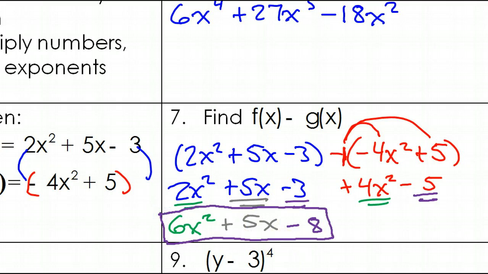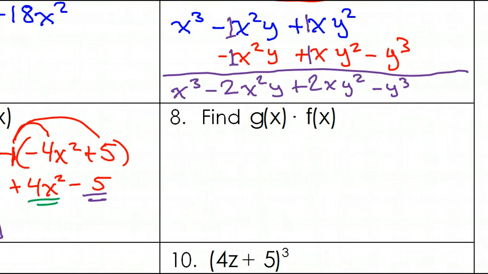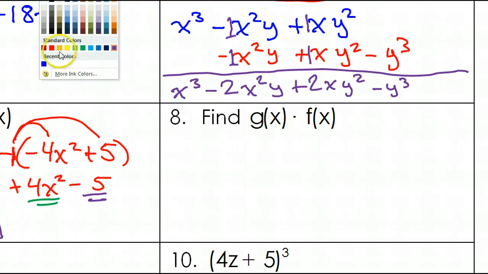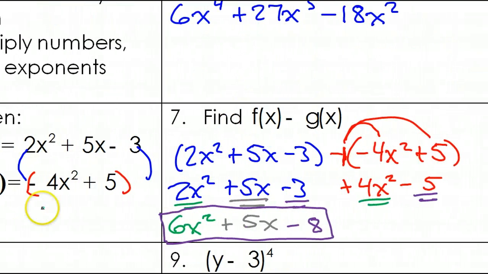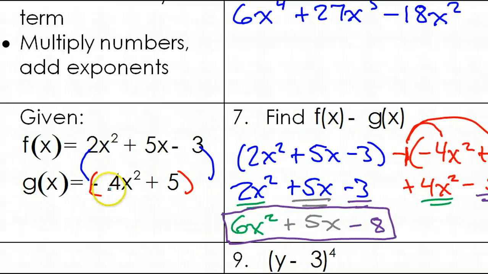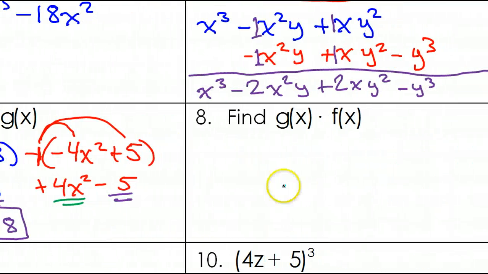Okay, number 8. All right, this will be the last problem of this video. So we need to multiply function g times function f. So let's see, function g, that was this, okay, negative 4x squared plus 5.